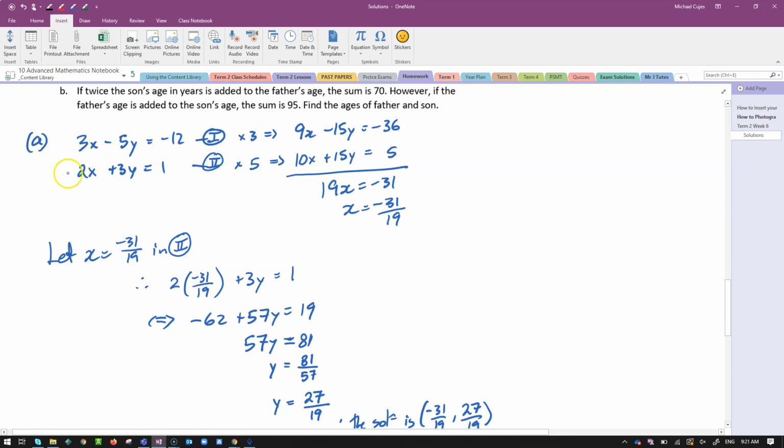But if I'm looking at 2 times x plus 3 times y equaling a positive number, and I know that one of them is negative, the other one won't be able to be negative as well, or I'll end up with 2 negative numbers adding together to equal a positive. So that's a little clue. So you can still check without having to substitute in and figure out exactly. You can still check and just say, oh, I wonder if I just got a negative wrong somewhere. Go back and have a look, and that'll be all it is. You probably just misread something.